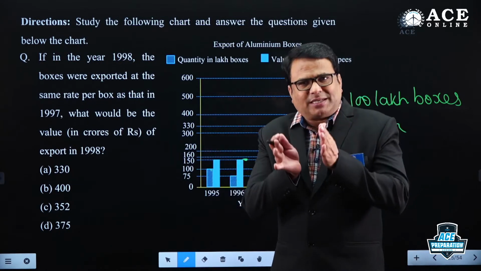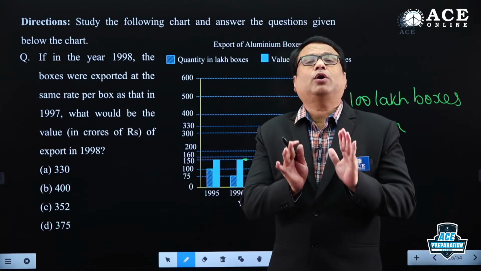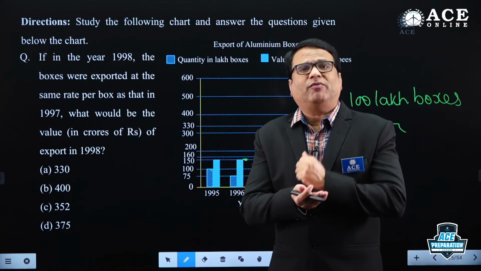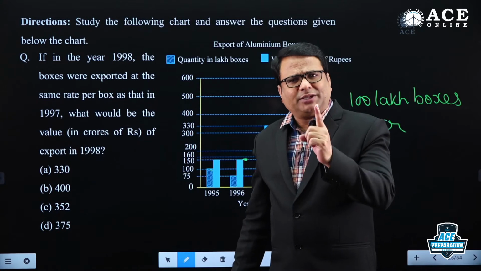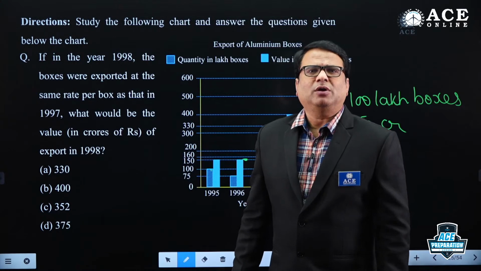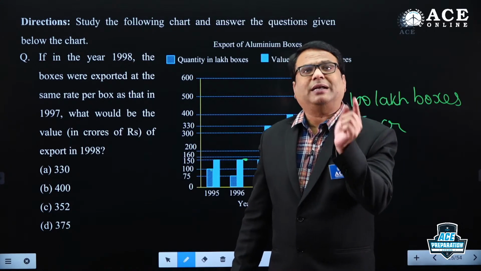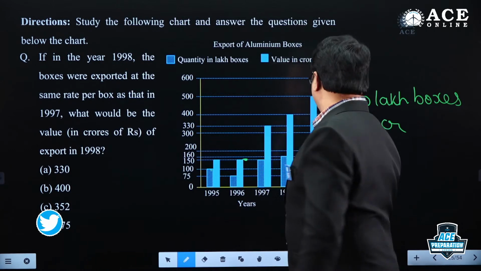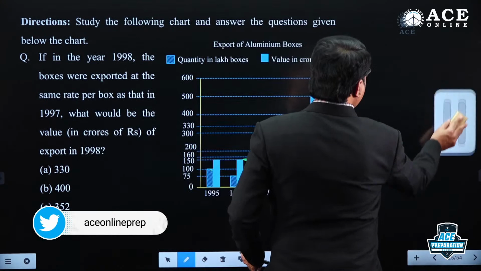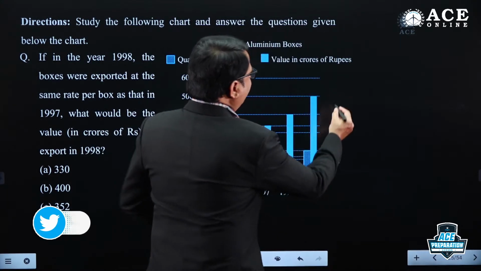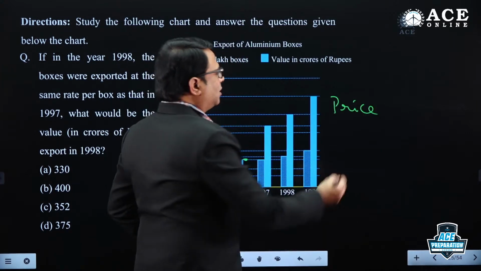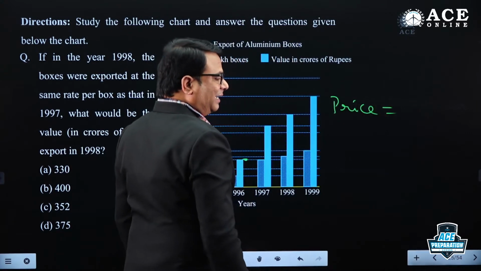To answer this, first we have to find out the price of the box in 1997. When I write price, it means price of each box in 1997.